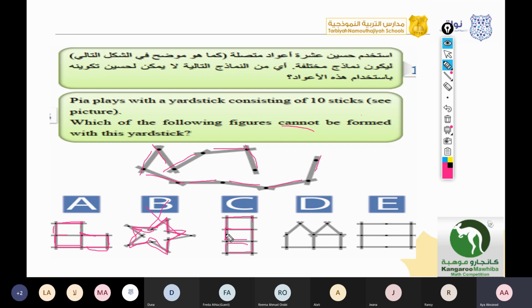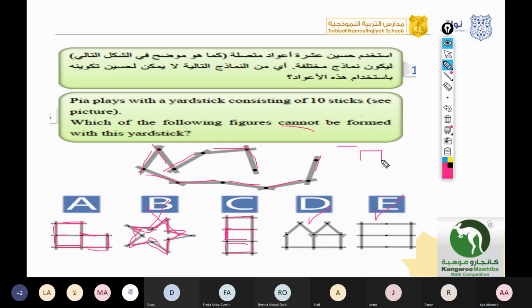So you need to put this 2 times. So you need 11, not 10. From D we can do it, from E we can do it, because you don't make the 2 times. But from C, when you think from this side, look, this is here. You will start from this side up.